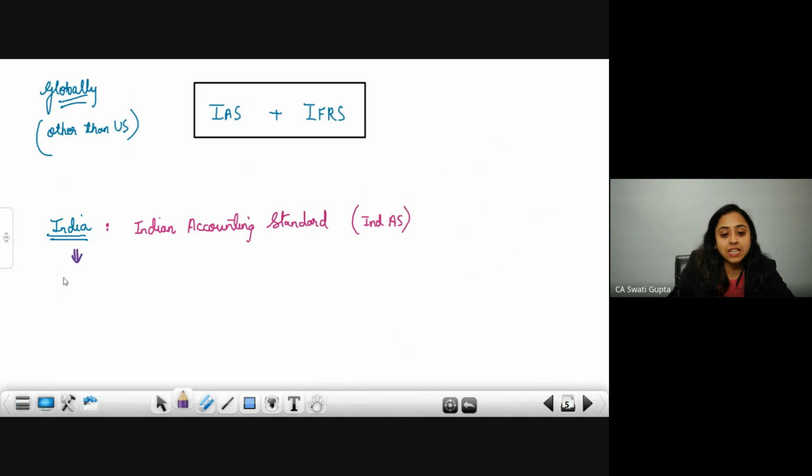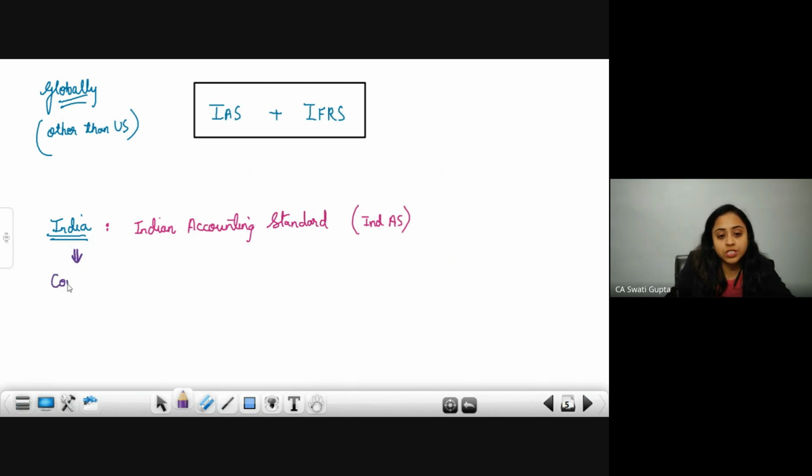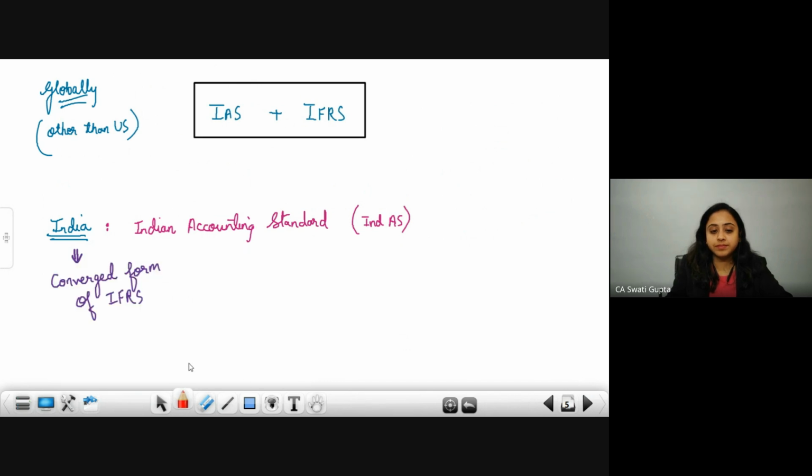it is known as the converged form of IFRS. Converged simply means with some changes.